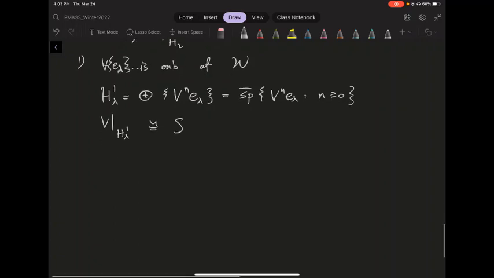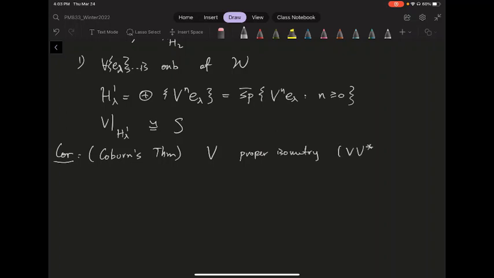As a corollary of the Wold decomposition, you actually have a very nice theorem. This is called Coburn's theorem. This essentially tells you the following. If you take any V that is a proper isometry, by proper I mean VV star is not equal to the identity. If it's equal to the identity, then of course it's a unitary. So proper just means it's a non-unitary isometry.